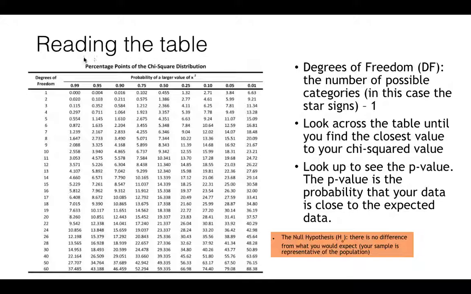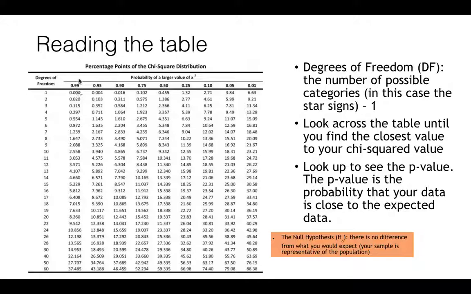You'll notice here we have the probability. And this is the probability that any deviations, any changes from normal are due to chance. So values up here of 0.99, that's actually 99%.